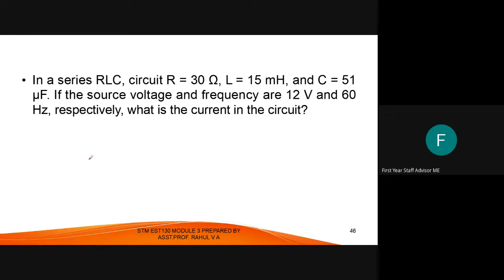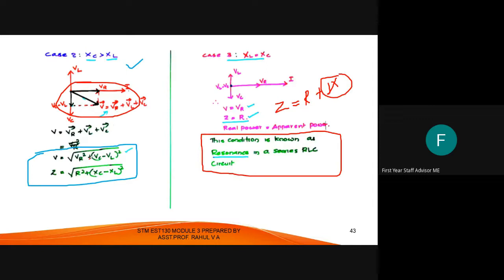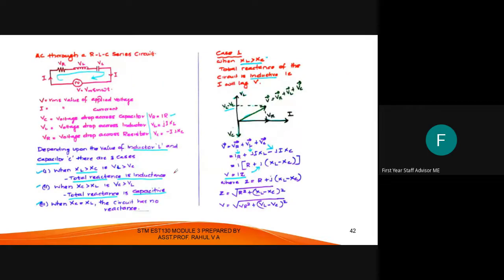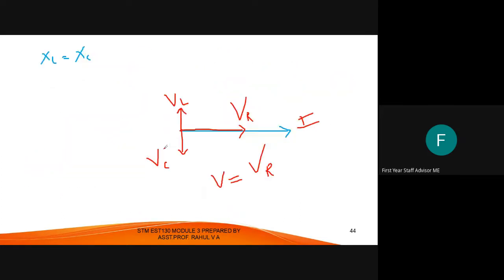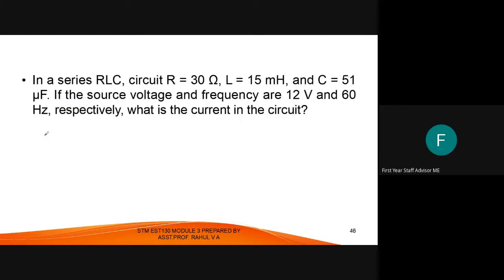For this particular case, RLC circuit, we only know that V is equal to I Z, as in the question. So I can write here V is equal to I Z. Now the voltage is given, 12 volt.